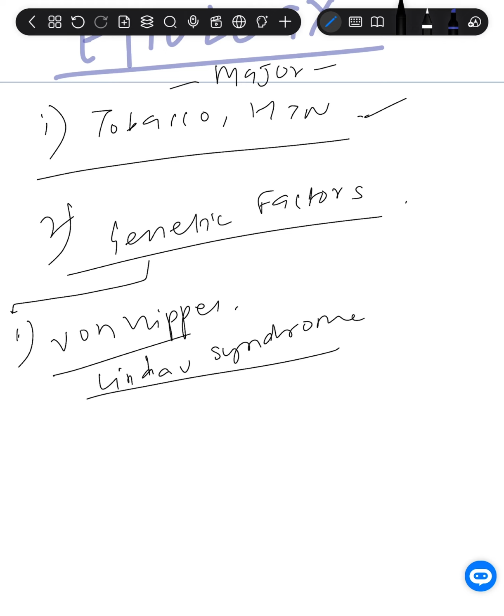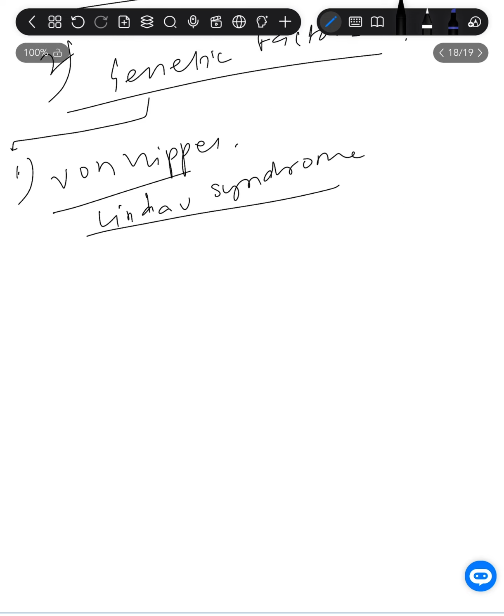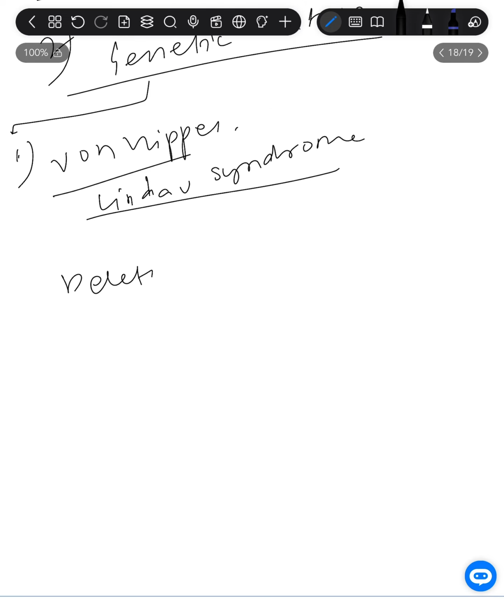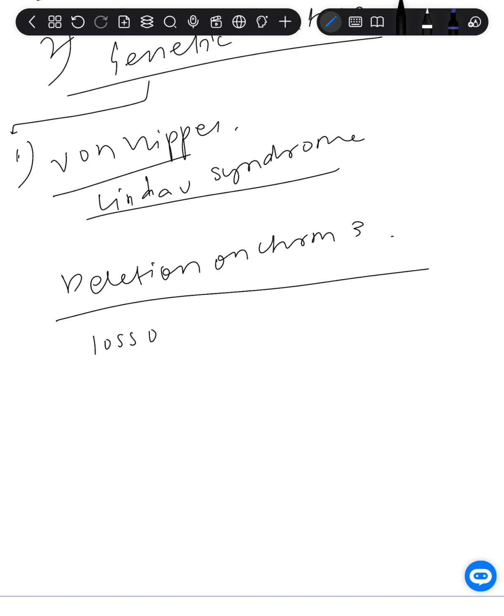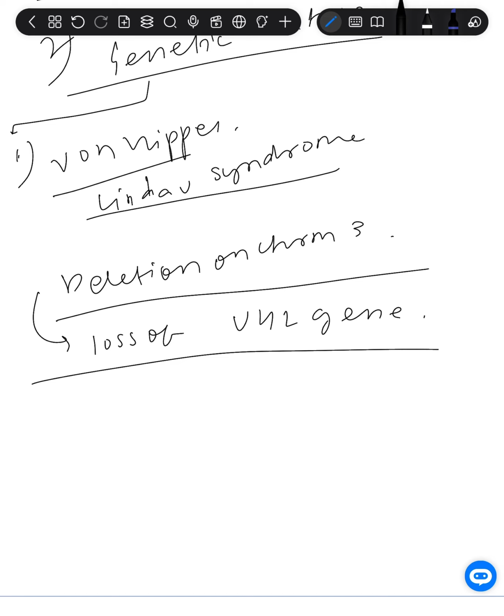What is von Hippel-Lindau syndrome? It is a deletion on chromosome 3, which causes loss of the VHL gene.